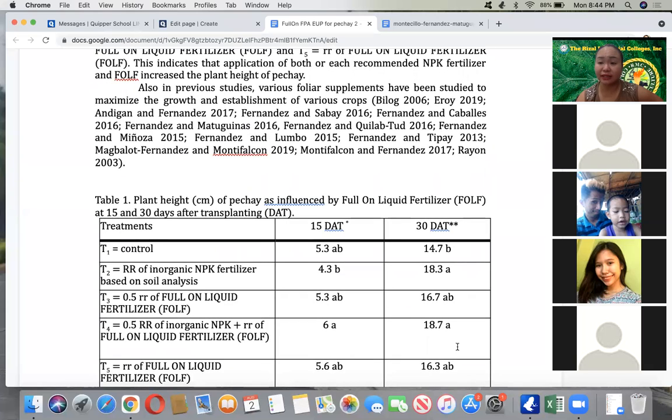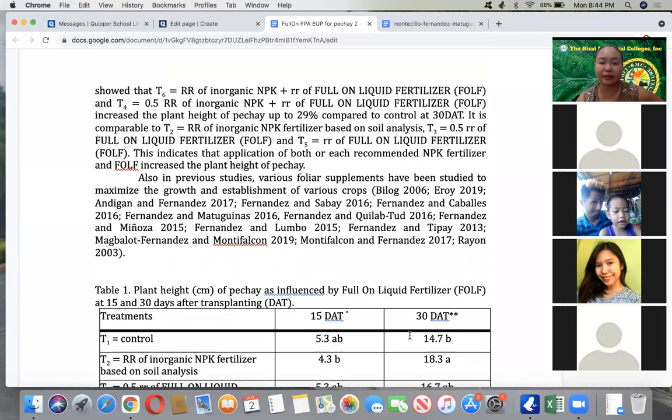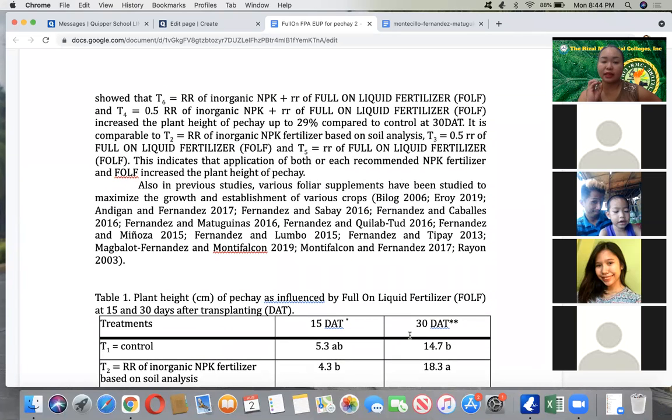Hindi mo, as I have said, hindi mo isa-isahin kung anong T1 control is at 15 DAT is 5.3. No, you don't do that. You just present the captivating result, which is ano yung highest, ano yung lowest, and by how much higher siya.